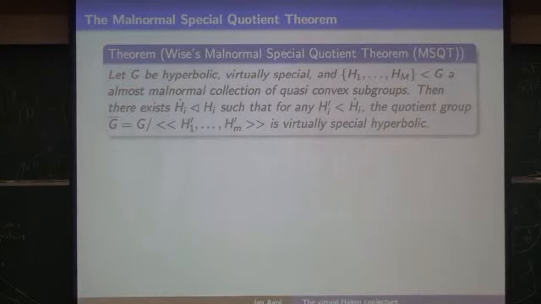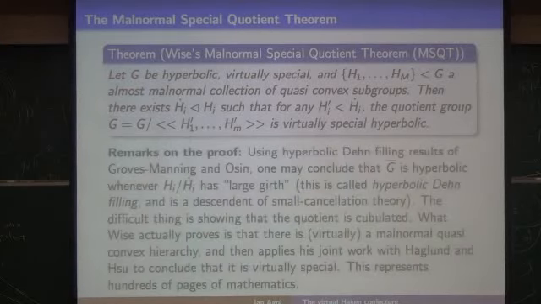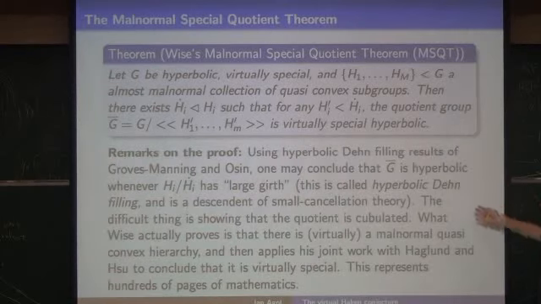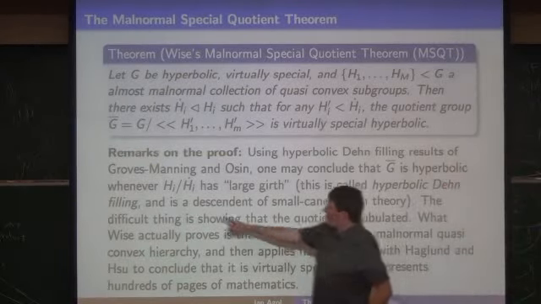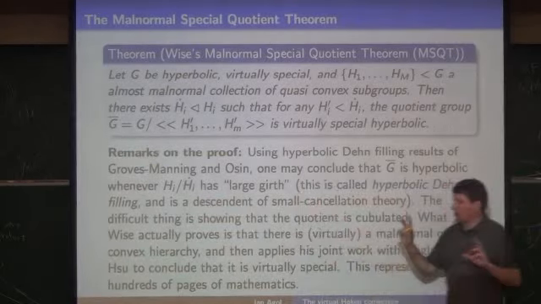There's a relative version of the hyperbolic Dehn filling result that's due to Groves and Manning and independently due to Osin. Osin's version, slightly more general, can deal with torsion, and actually we have to make use of Osin's version in our proof in a slightly different context. So you can conclude that G bar is hyperbolic whenever HI mod HI dot has, I'm going to call it large girth.